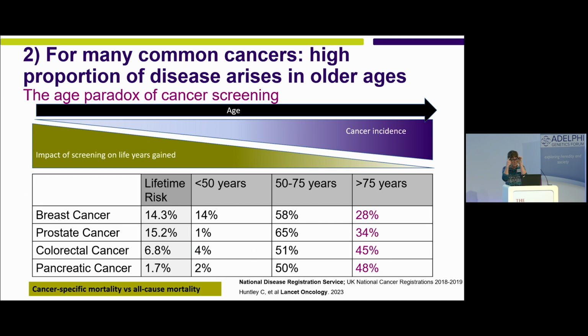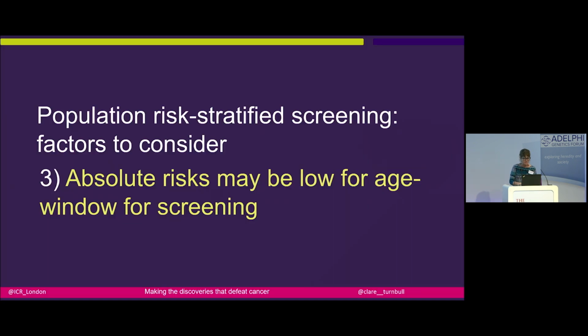You may stop them dying of colorectal cancer, but you may not actually change the age that they die at, the same age they would have done. You've just shifted the cause of death when you're operating at the older age groups on a population level.